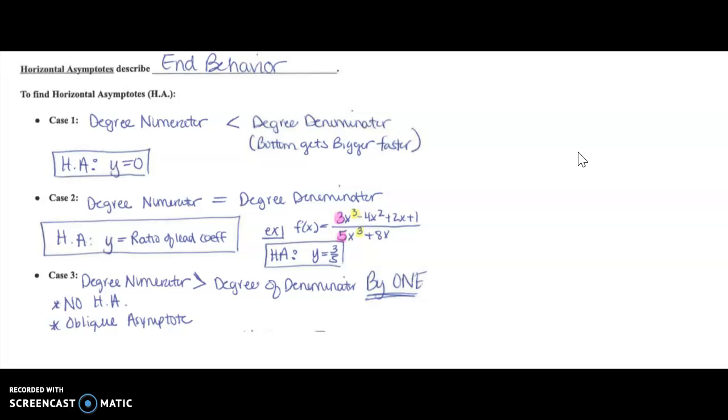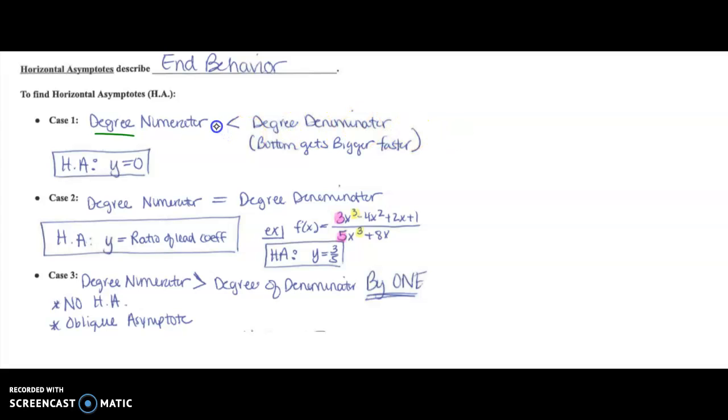Okay, so some rules to look at. Horizontal asymptotes describe end behavior. There are 3 scenarios to determine where the horizontal asymptote is. In the last lesson, in 4.1, we talked about the degree.